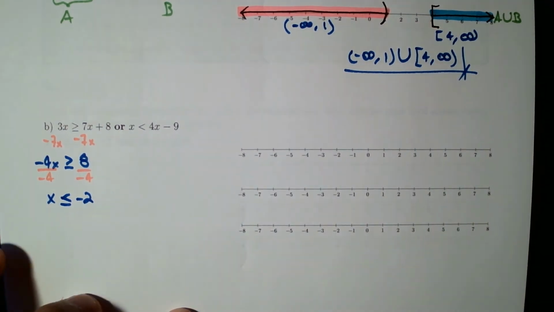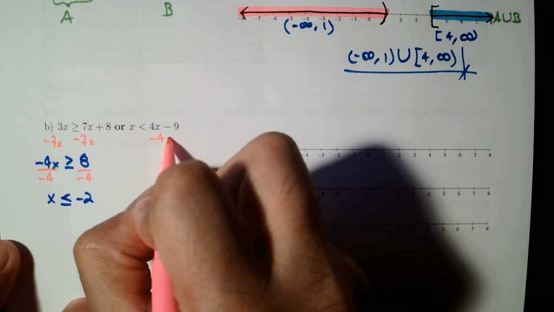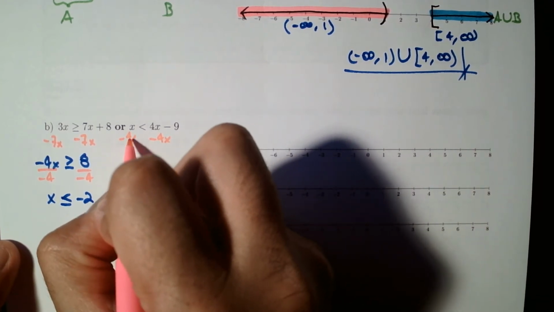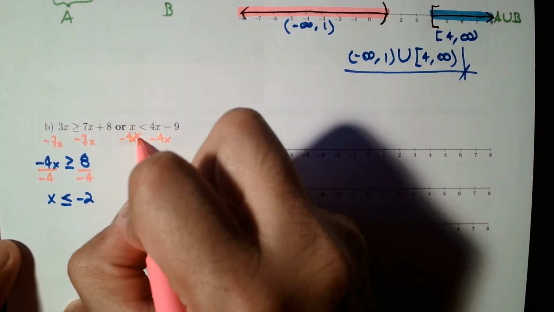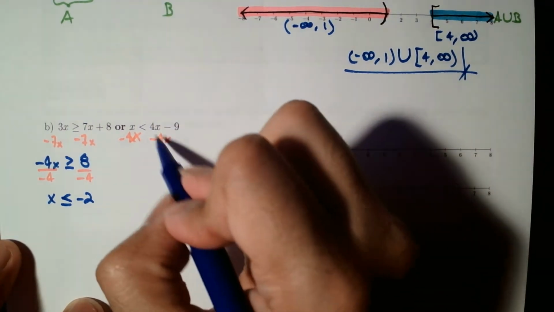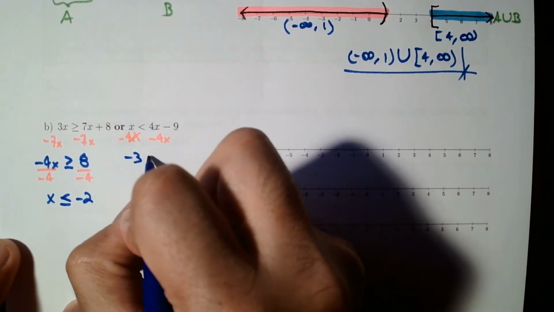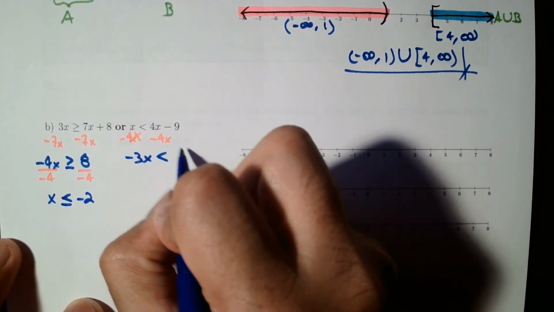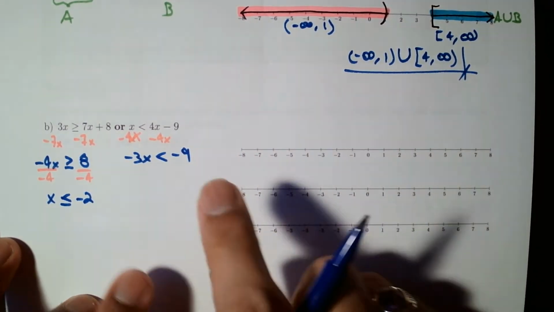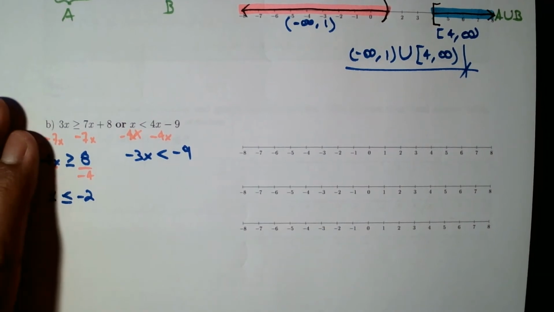Let's do the same over here. So I'm going to subtract 4x on both sides to get this to cancel. And x minus 4x, that's a negative 3x, less than negative 9. And in this case, I'm going to divide both sides by negative 3.